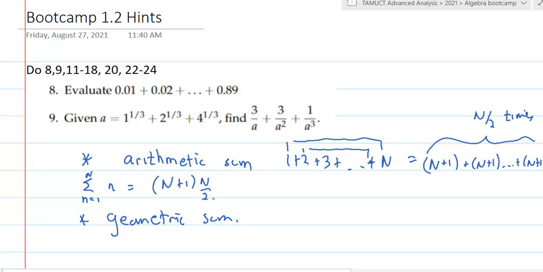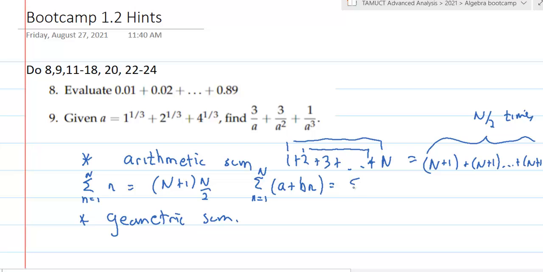Right? Now, this allows you to find more complicated expressions. For instance, if I take something like this, summation from n equals 1 to N, if I have a plus bn, right?